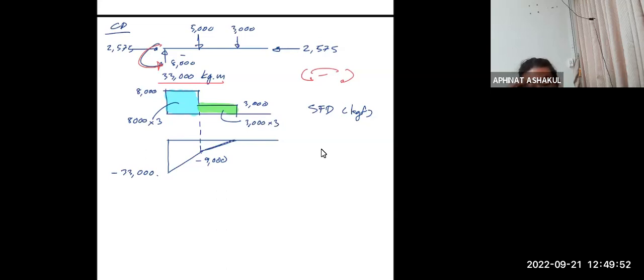Some of you still think that in the bending moment diagram, these two lines are similar or are the same. They are not. Just look at the scale. This is 9,000. This is 33. So I should try to draw it more drastically, something like that.